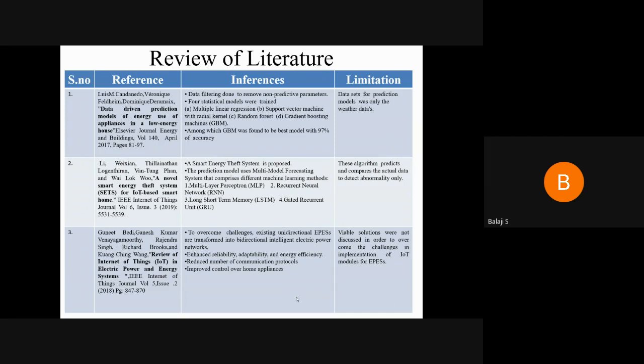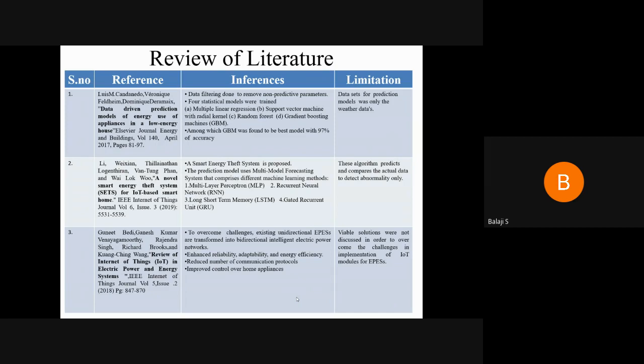In reference two, Lai, Vexian, et al. proposed a smart energy theft system. They used multiple forecasting models, comprising MLP, multiple layer perceptron, recurrent neural network, LSTM, long short-term memory, and gated recurrent unit.